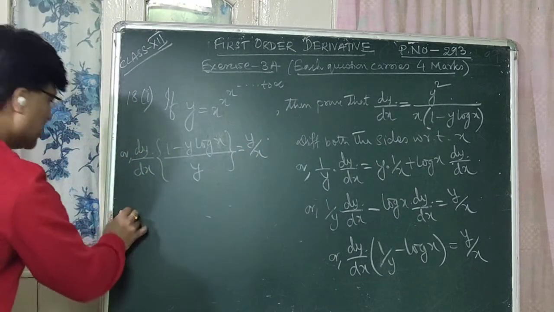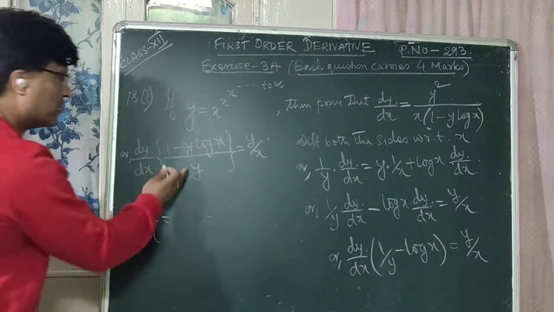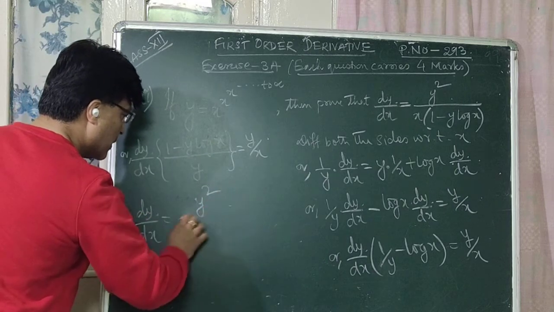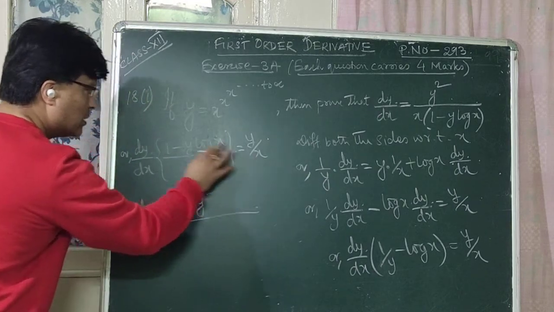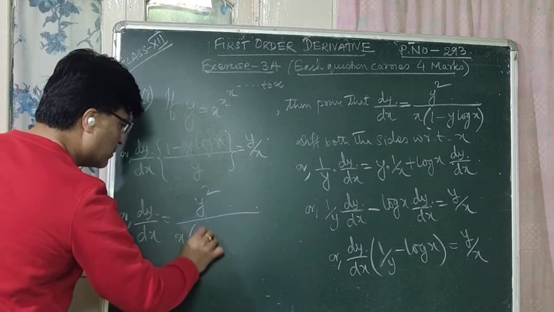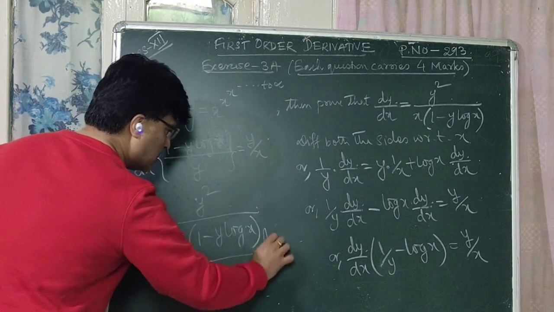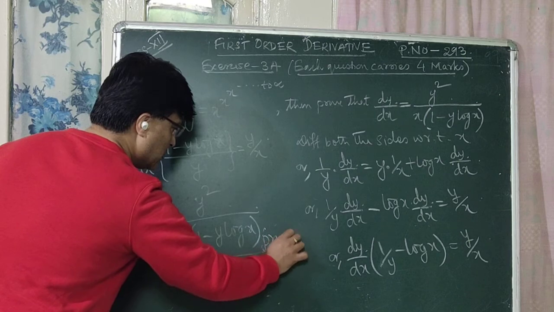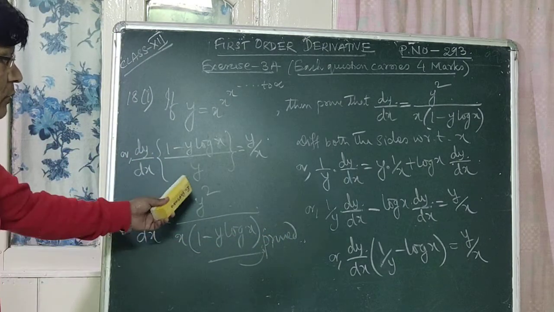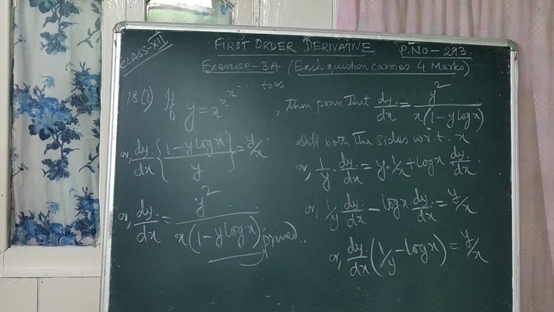Now what is the value for dy by dx here? dy by dx is equal to, now you can do cross multiplication here. y into y, this is y squared divided by, now cross multiply 1 minus y log x by x, that is x within bracket 1 minus y log x. So this is the answer, which is proved. Is that understood now? We have got dy by dx equal to y squared divided by x into 1 minus y log x. Now we'll do the next problem.